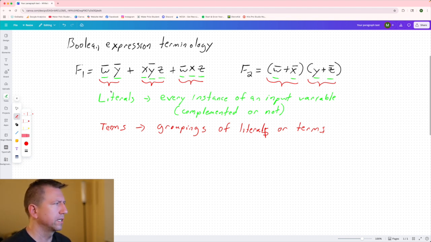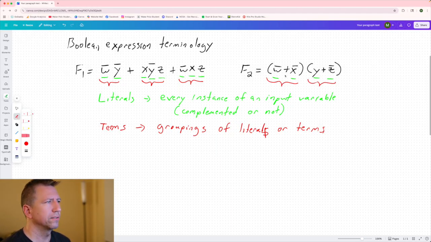So you just look at this and ask how these are grouped together. We can see we have a grouping of and operations here, and operations, and operations. These literals are grouped by an or operation. And so they actually get a name because of that. Since this term is a grouping of and operations, we call this a product term.